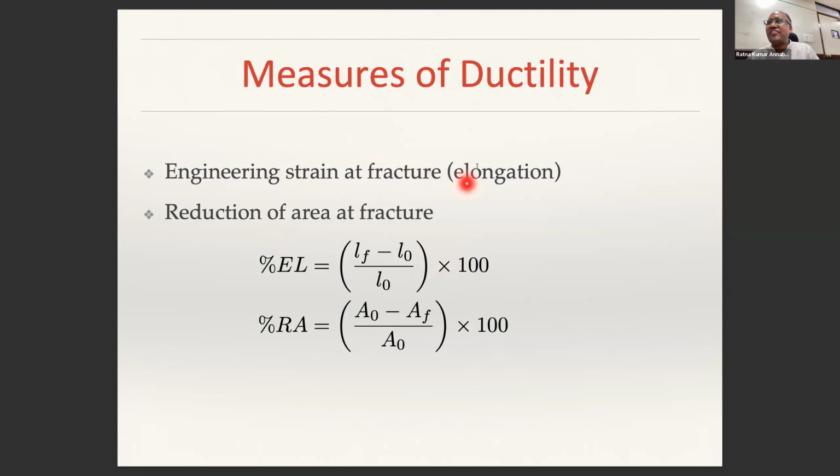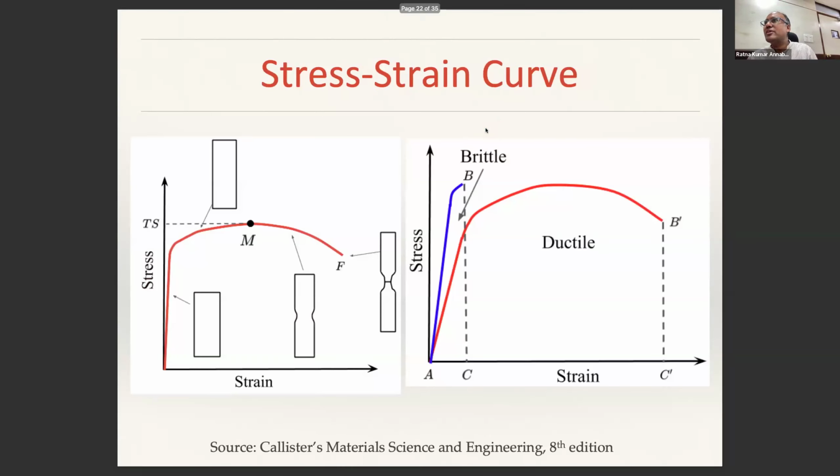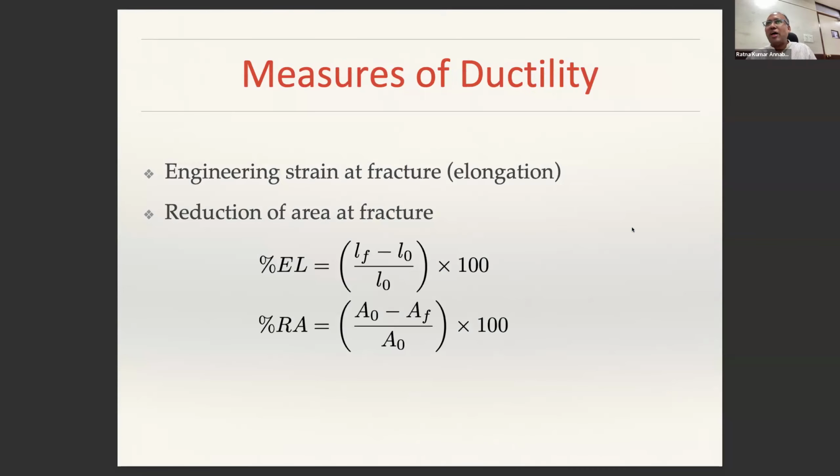The engineering strain at fracture is called a measure of ductility. That means the strain at the point of fracture is one measure of ductility. There is also another measure called percentage elongation or percentage reduction of area at fracture.